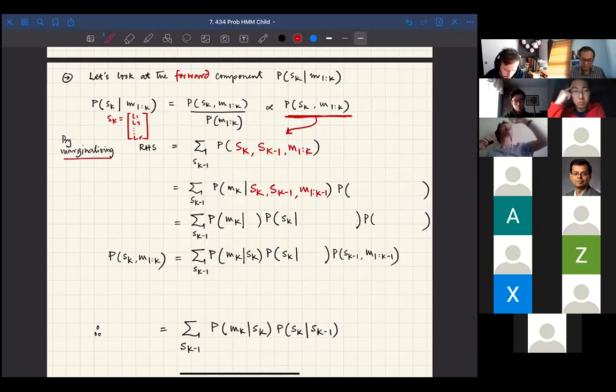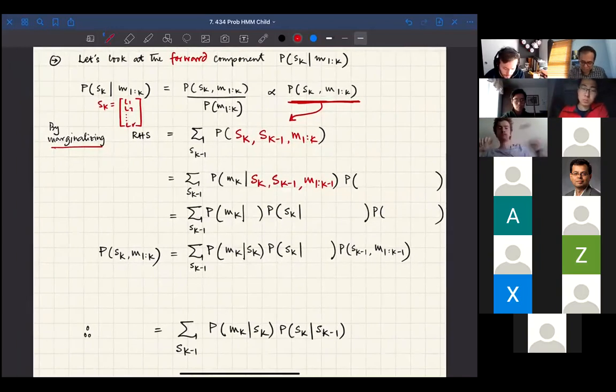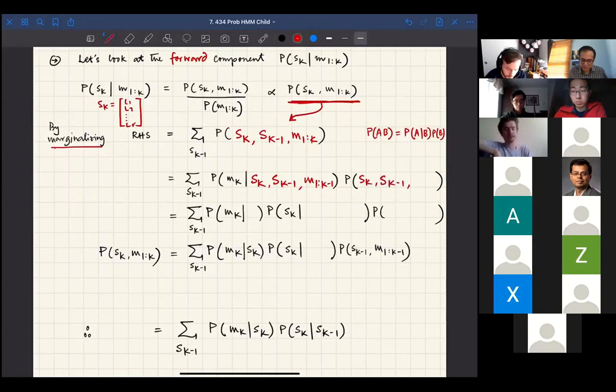If I did this, then I also need P of AB equals P of A given B times PB. So I now need P of s_k, comma, s_{k-1}, comma, m_1 through k-1. Okay, very good. And this summation stays.